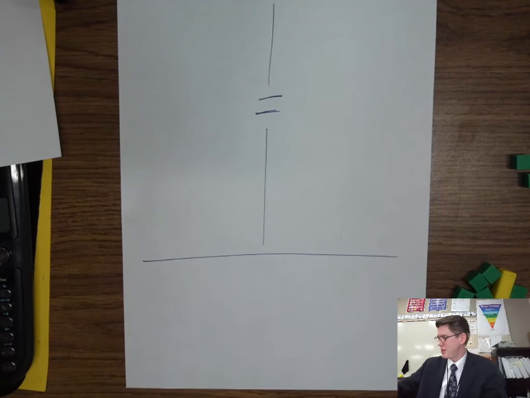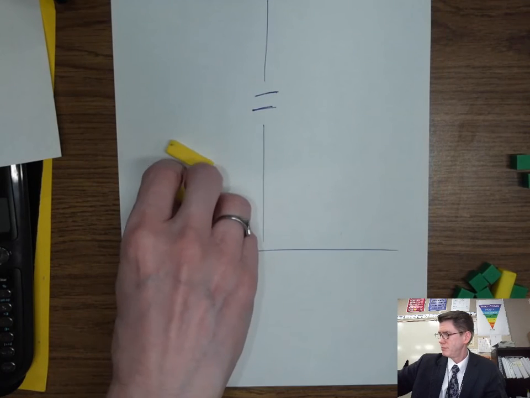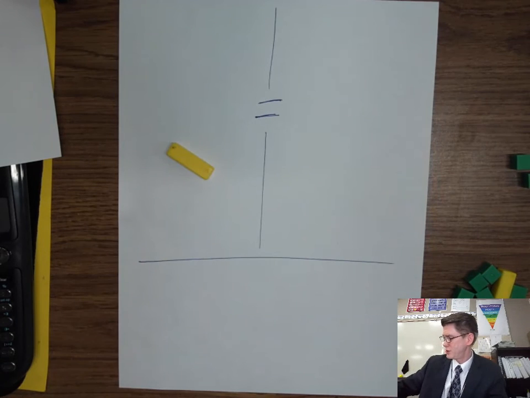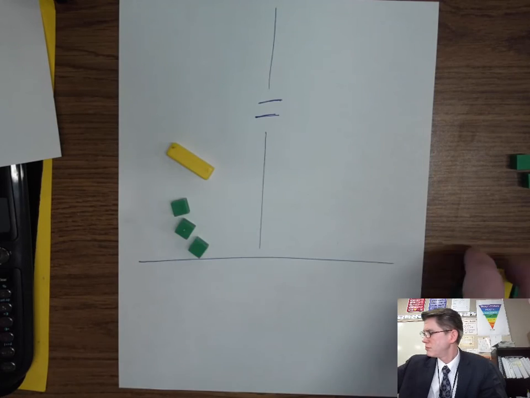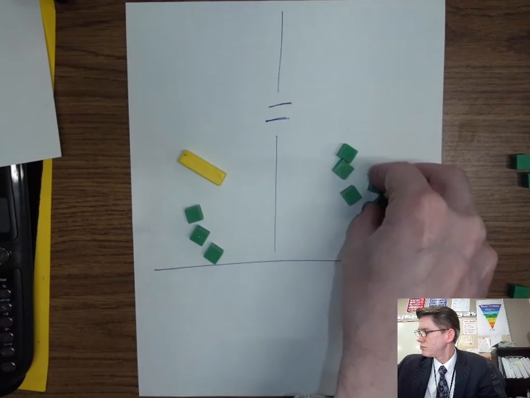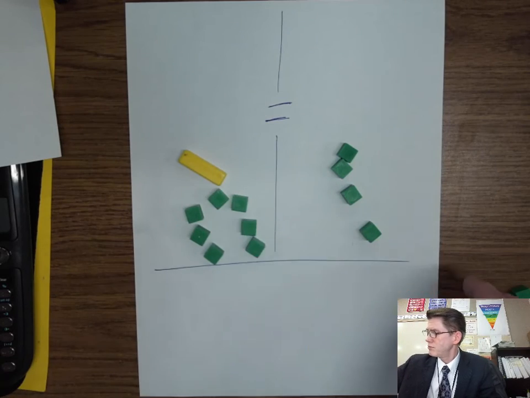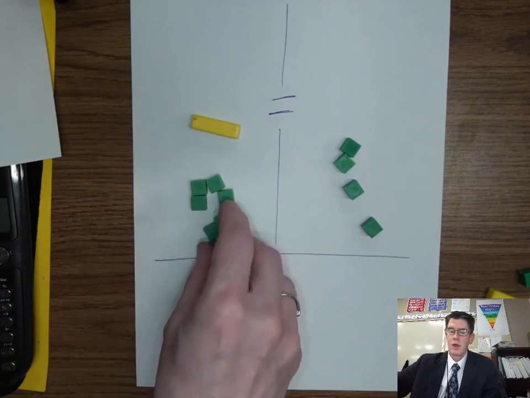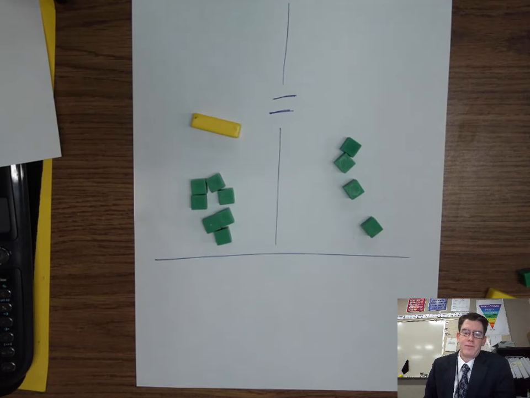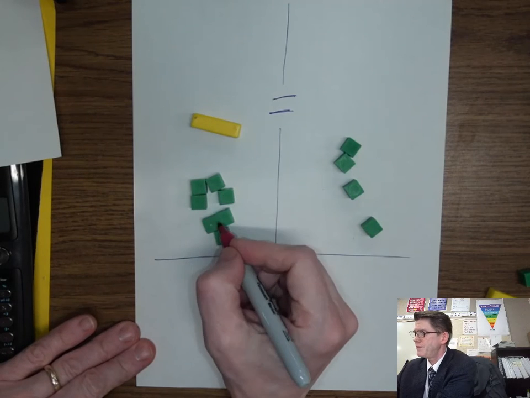Now, as I mentioned before, it could make it a little more confusing. Yeah, let's go ahead and do this. On this one, I've got on this side of the equation, 1, 2, 3, 4, 5, 6, 7.